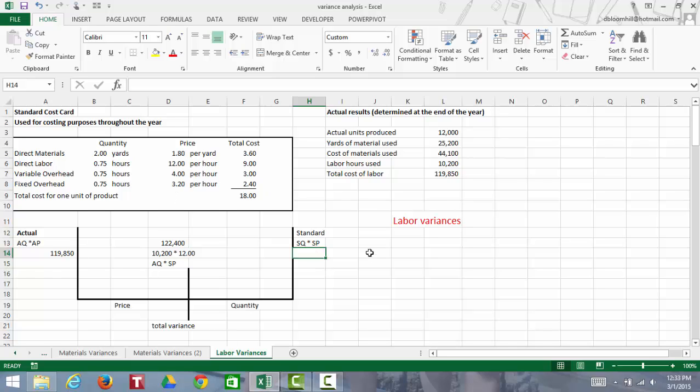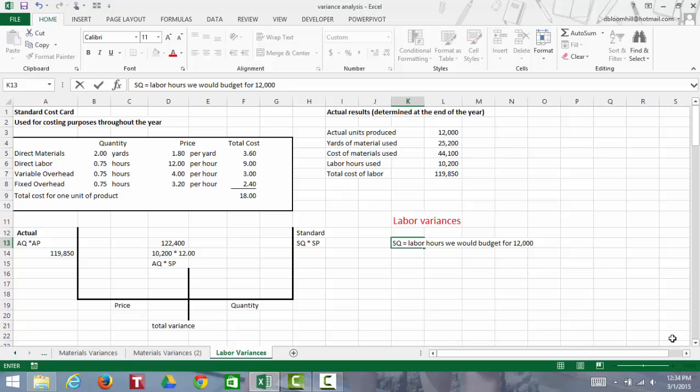Now, on the right-hand prong, we're going to calculate our standard cost of labor. We already know the standard price is 12. So all we need to do is calculate the standard quantity of labor. So if you remember, our standard quantity is the standard quantity allowed for the actual units produced, and we can see our actual units produced, 12,000. So in this case, our standard quantity is the labor hours we would budget for 12,000 units produced.